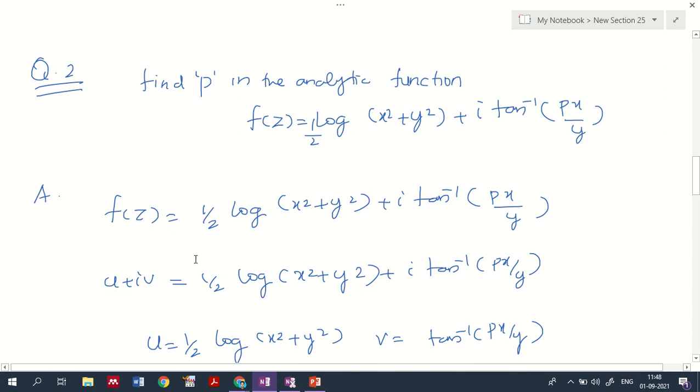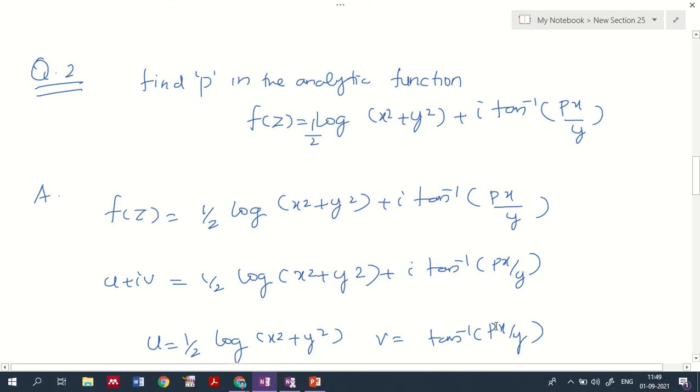If you write like this, you can compare the values of u and v. Once you know u and v, you can put them into the CR equations, and like earlier cases, compare equation number 1 and equation number 2 corresponding to the CR equations. Then you will get the corresponding value of p.